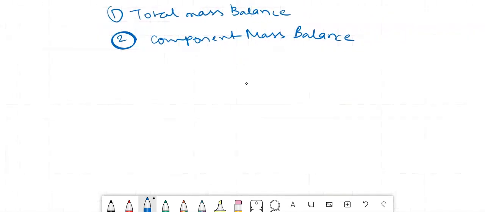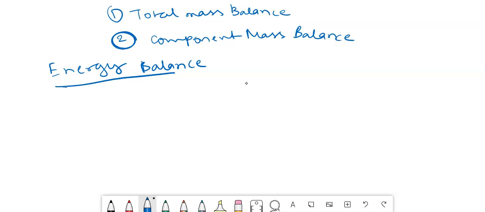Moving on to energy balance. In energy balance calculation also the same thing is followed, that energy can neither be created nor destroyed.